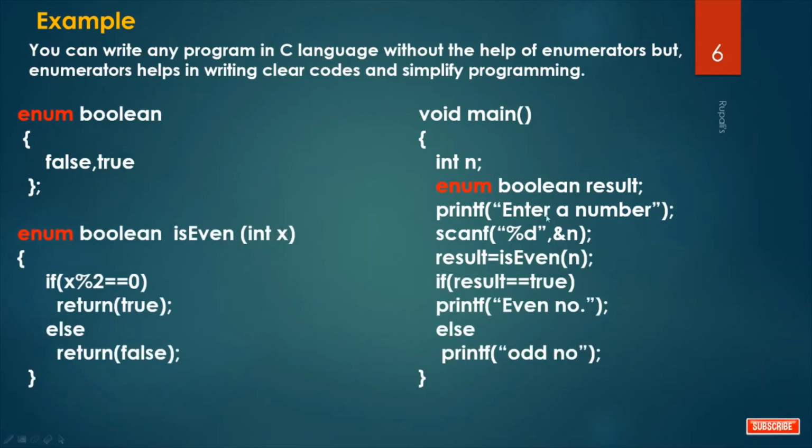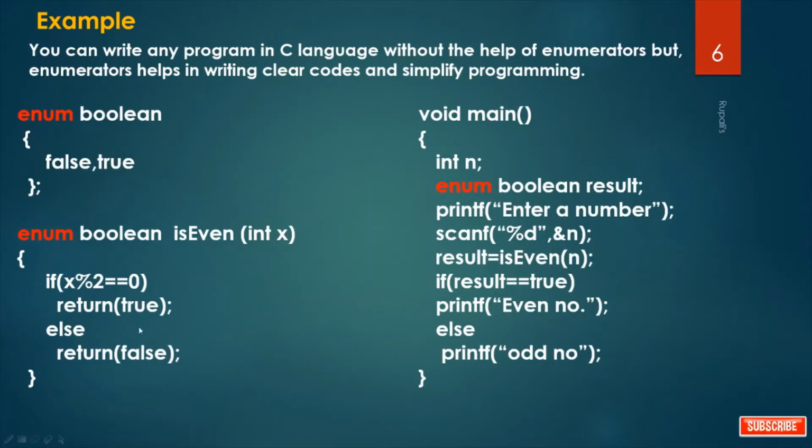So n is copied to the variable x. Now I check whether x is divisible by 2 or not. If there is no remainder, then it is even, and if there is a remainder, then it is not even. So if there is no remainder, I return true, otherwise return false.